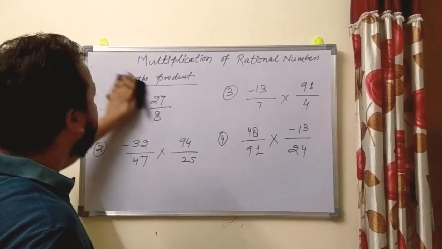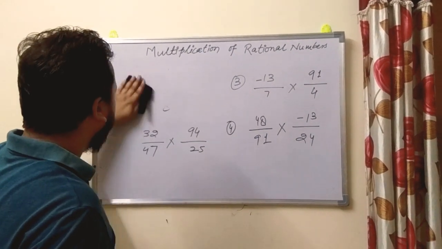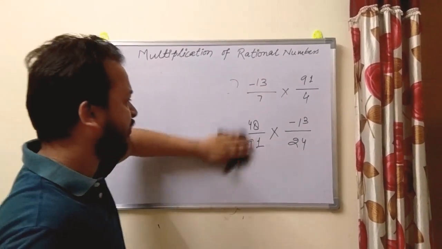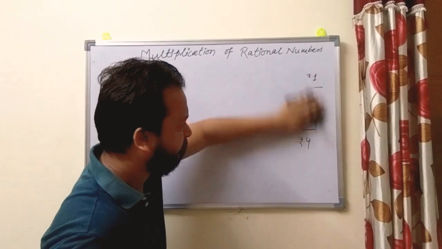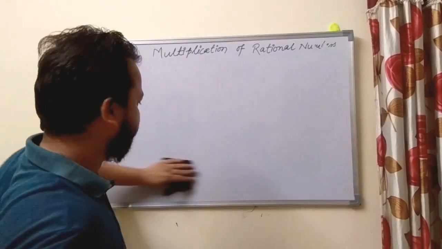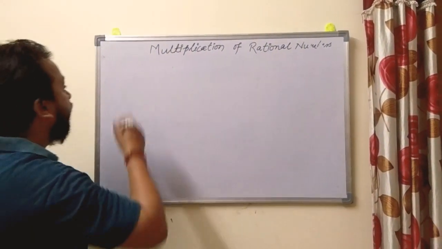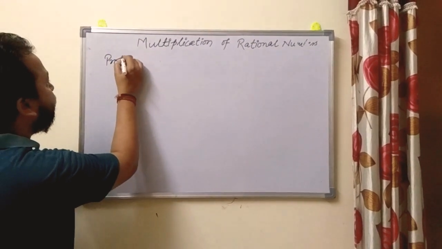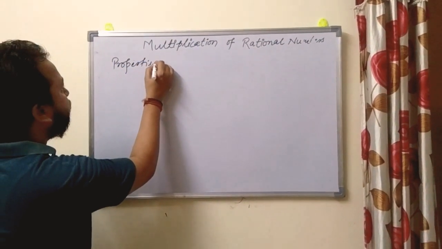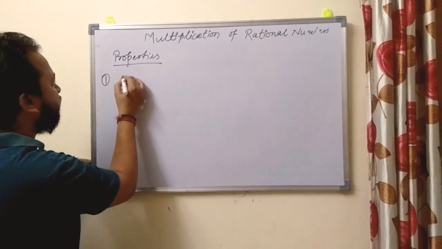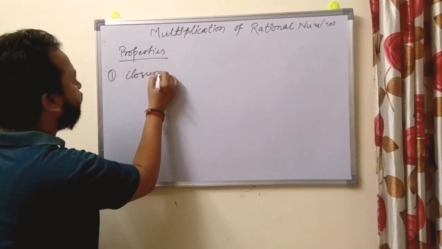Now come to the properties of multiplication of rational numbers. First, there is the closure property.